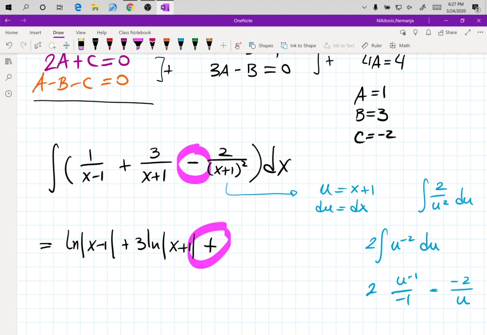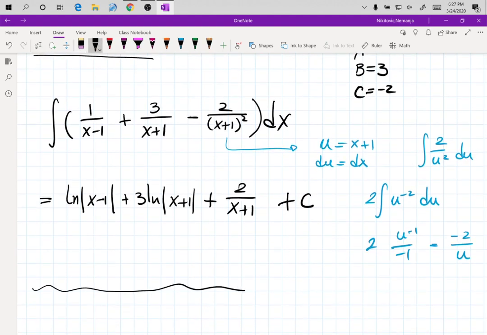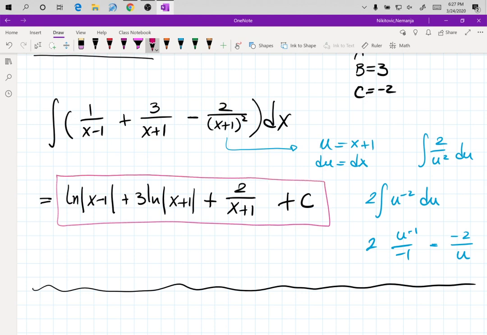We have 2 over u, and 2 over u is 2 over x plus 1 plus c at the end. I had a couple of you not put plus c on exam 1, which is points lost, right? This is our answer.